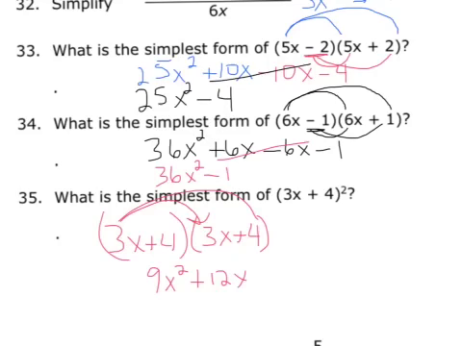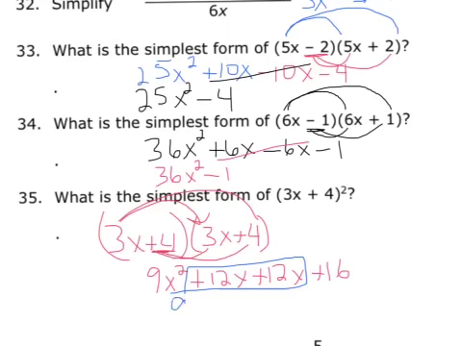And then we're going to take this positive 4 and distribute it to each piece. So 4 times 3x is also 12x. And 4 times 4 is 16. I will then combine the like terms. So I have 12x plus another 12x here in the middle. So I end up with 9x squared plus 24x plus 16.